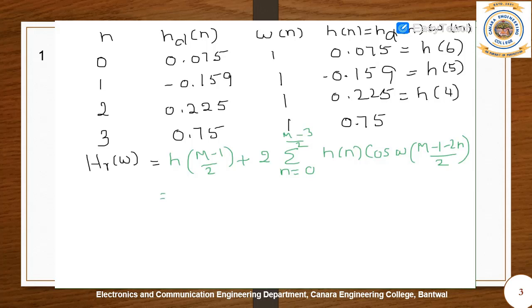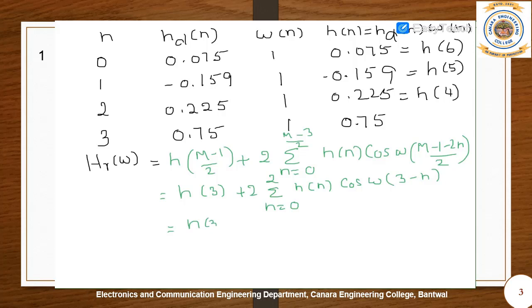So n is 7. So we get this as H of 3 plus 2, n value varying from 0 to 2, H of n cos omega, m value is 7, so (6 minus 2n) by 2, that we get it as 3 minus n. So let us substitute the values.